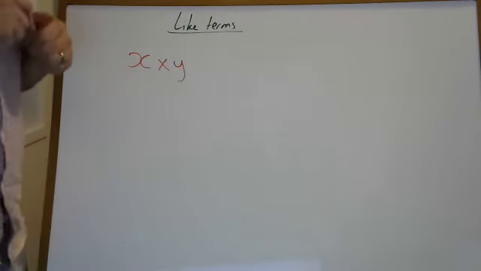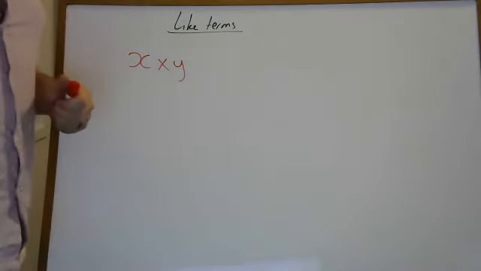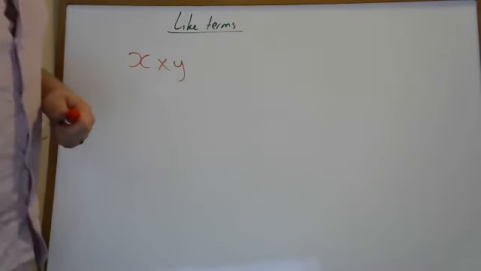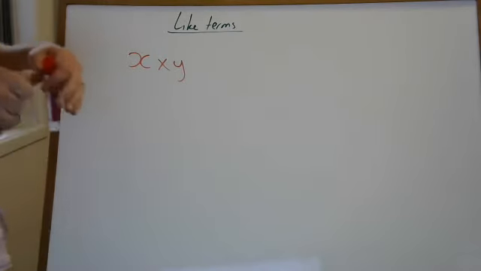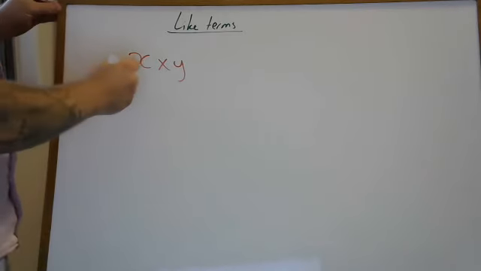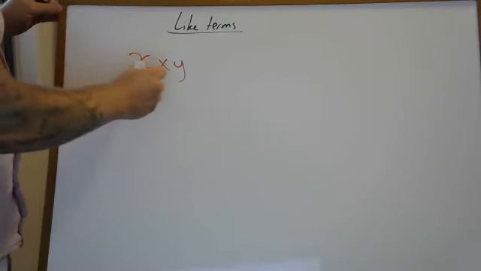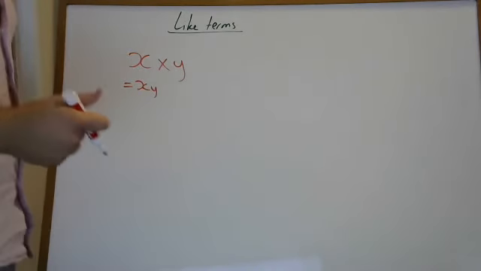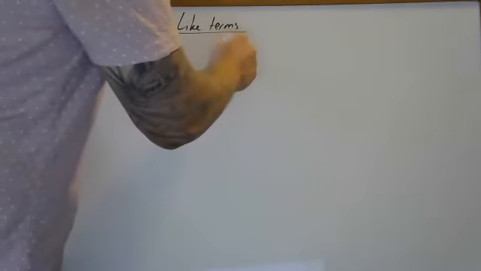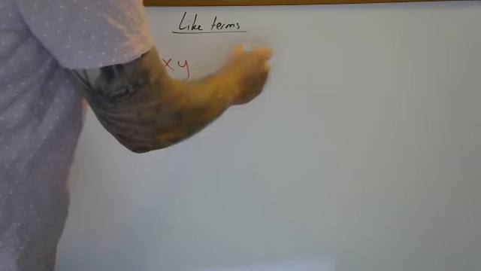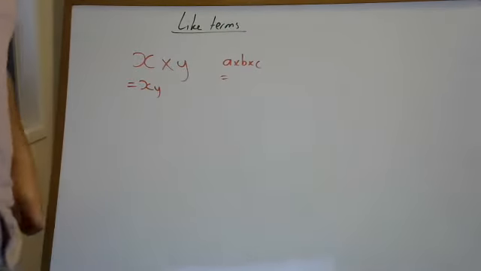So what would X times Y give us? XY, very good. The main thing to remember here is that it doesn't matter what you're multiplying by, it has to go in alphabetical order. So A times B times C would give us what?